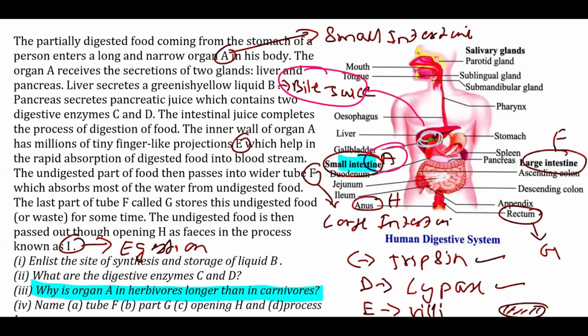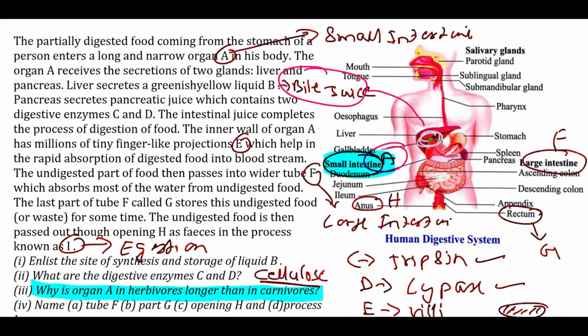And this small intestine is longer in herbivorous animals because they have to digest the complex sugar called cellulose, right? Therefore they have a longer small intestine than we omnivorous animals, which mostly digest starch, not cellulose.